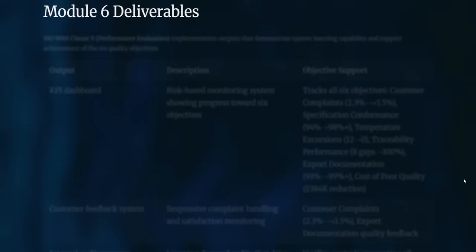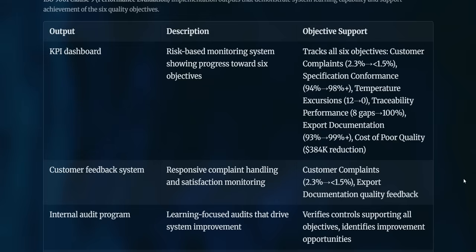Module 6 deliverables, ISO 9001 Clause 9 performance evaluation, implementation outputs that demonstrate system learning capability and support achievement of the 6 quality objectives. The first output is the KPI dashboard. The description is a risk-based monitoring system showing progress towards the 6 objectives.